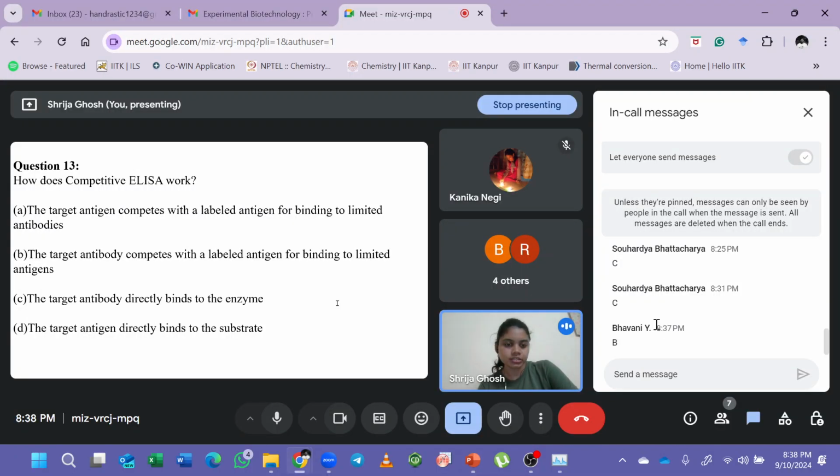So Bhavani has answered option B. Target antibody competes with the labeled antigen for binding to limited antigens. Okay. Anyone else wants to answer?